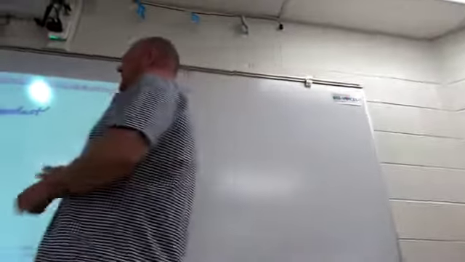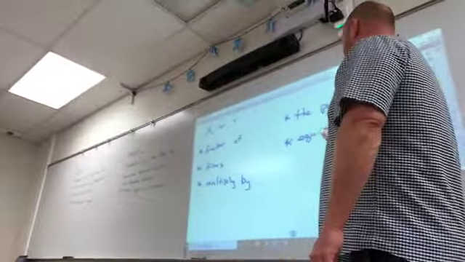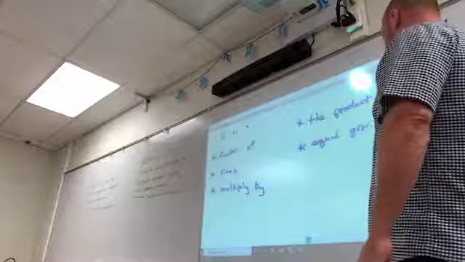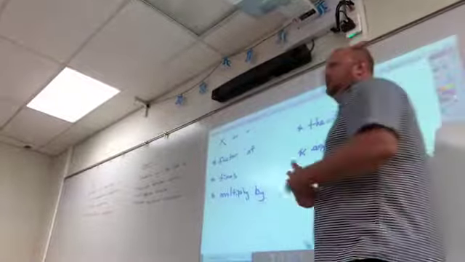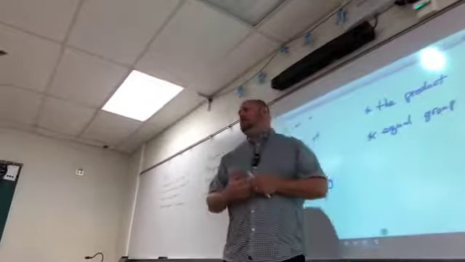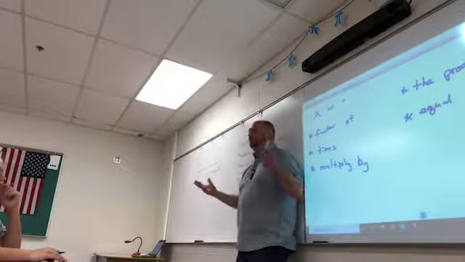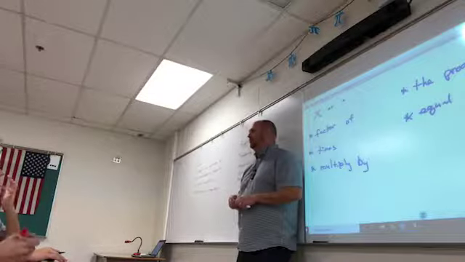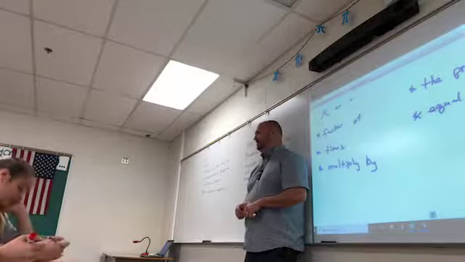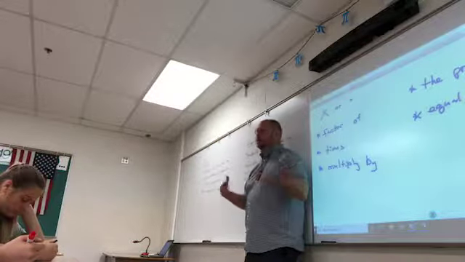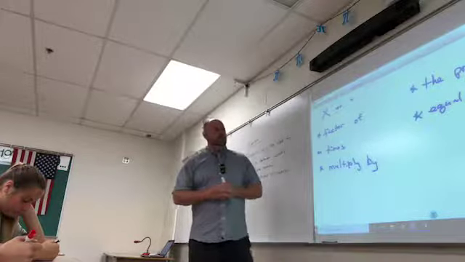Here's another, not the, but equal groups of. So you might see or hear something that says equal groups of 4. How many people do I have in class? 28. So that tells you to multiply those together. So that's another one that you potentially could see. But those are pretty good.